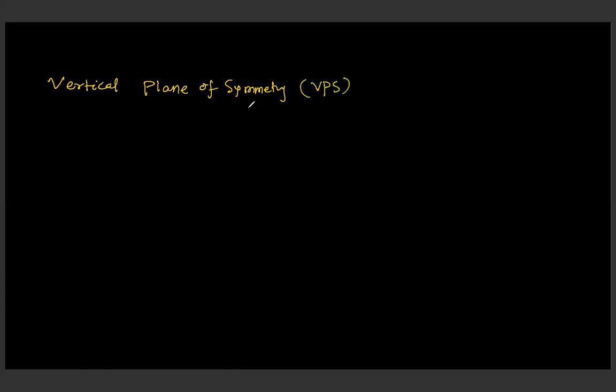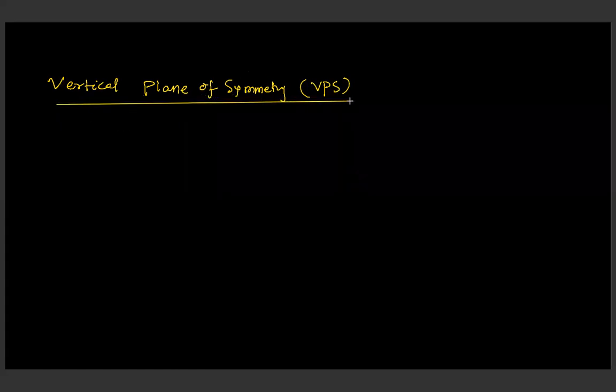So this is called VPS, or the vertical plane of symmetry. When such symmetry happens, what are the points we have to consider to solve the circuit easily? Let's see.